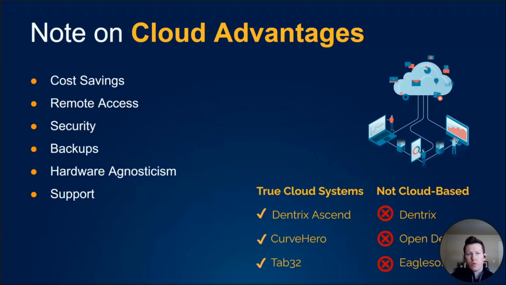You can have easy remote access, less investment into security, backups. Hardware agnosticism is what I just said, basically, that if you can get onto the internet and log into their software, it doesn't matter what system or computer you're using, and support.